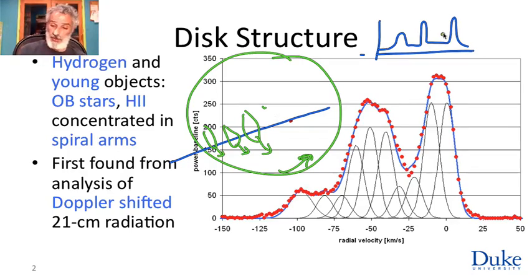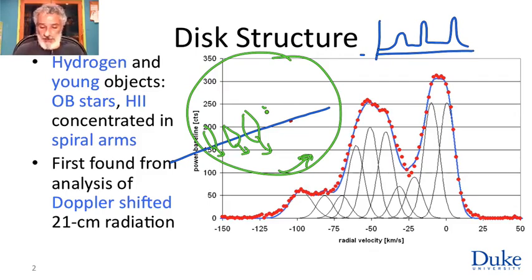By noticing the three discrete Doppler shifts, we can realize that there were three clouds in the way, and by doing a sort of tomographic analysis as we sweep the direction in which we are looking, we can follow these clouds and reconstruct the structure of the disk.